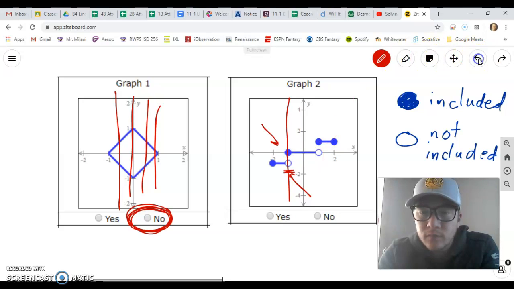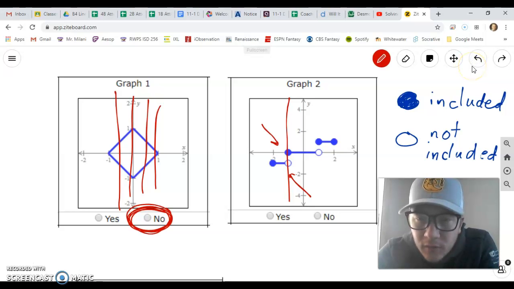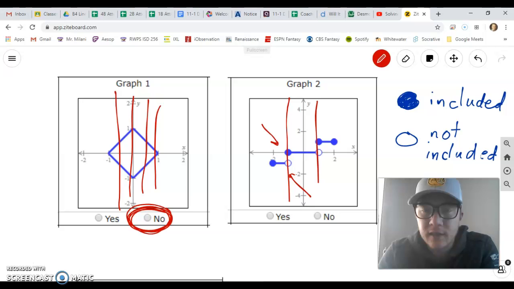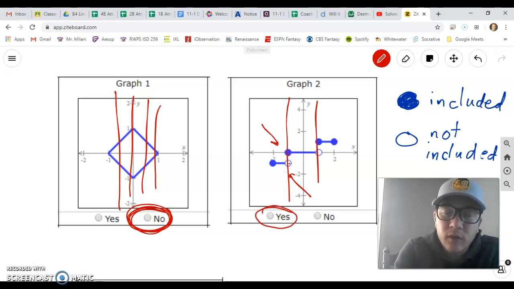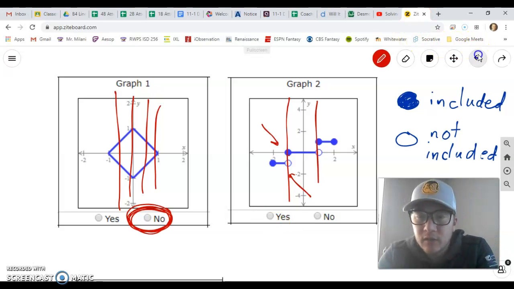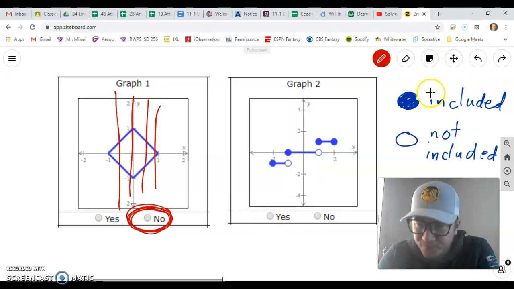So that works out both here and here. And those are the only two places where vertically there would be more than one point. So since we have an included and a not included, this actually works. That is a function.